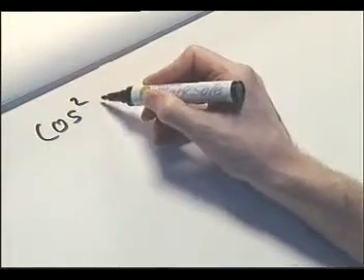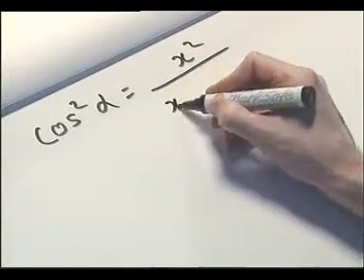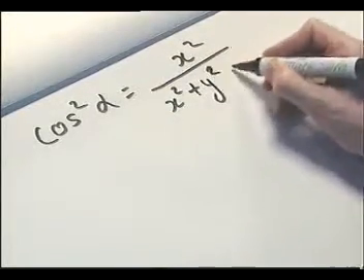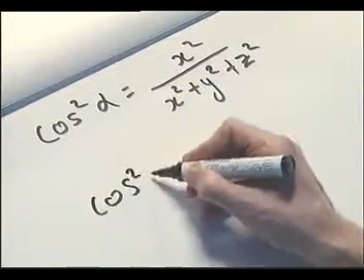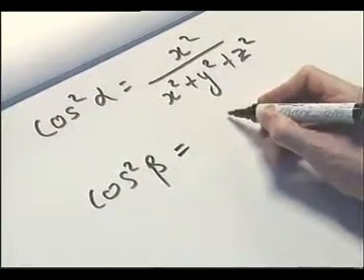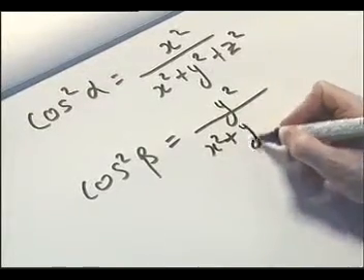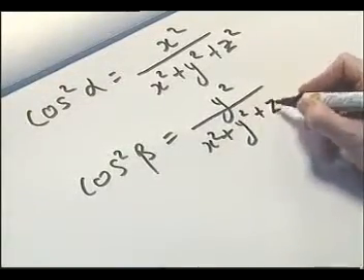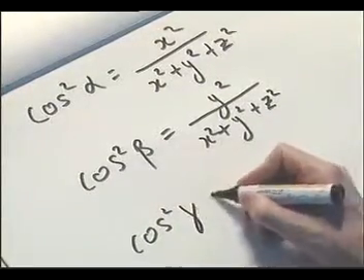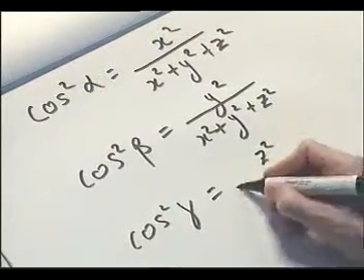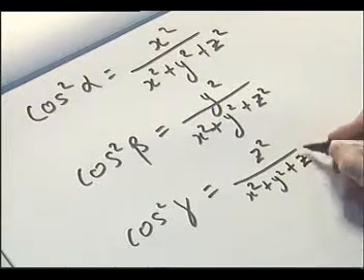Cos squared alpha is going to be x squared over x squared plus y squared plus z squared. Cos squared beta is going to be y squared over x squared plus y squared plus z squared. And cos squared gamma is going to be z squared over x squared plus y squared plus z squared.